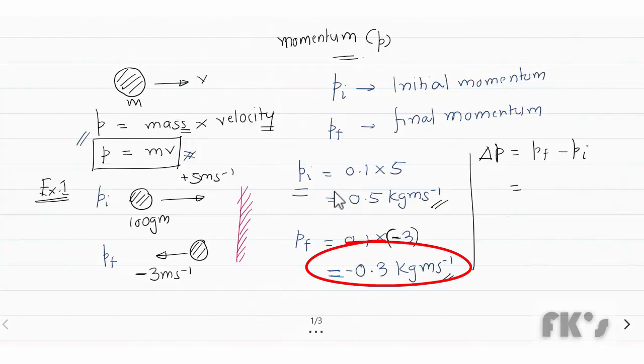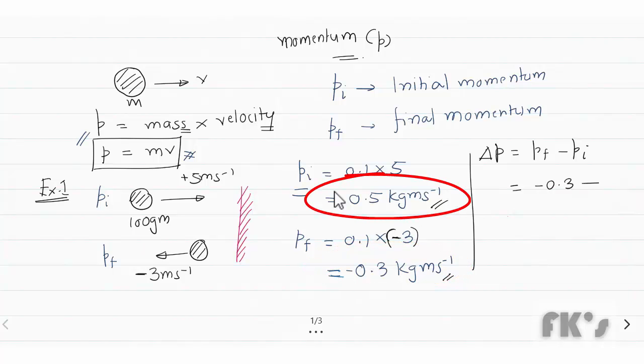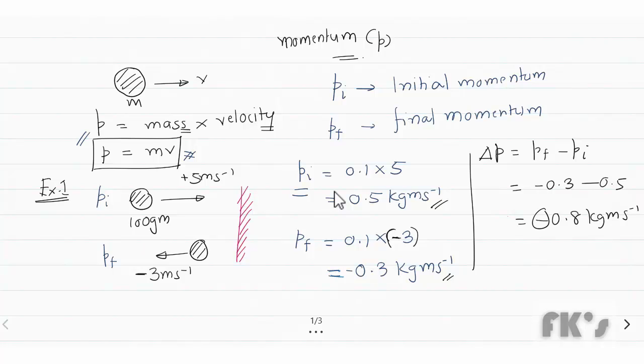That is negative 0.3, minus the initial momentum which is 0.5, and that is negative 0.8 kilogram meter per second. So the change in momentum for this ball colliding with the wall is negative 0.8 kilogram meter per second. Again a negative sign appears, which again refers to the loss of momentum by the ball.